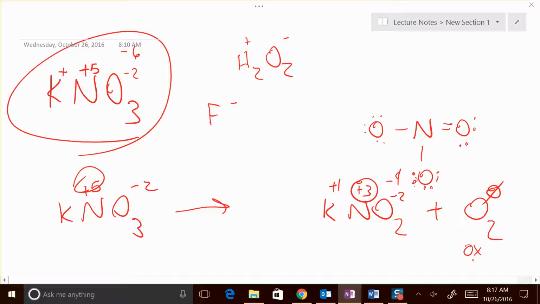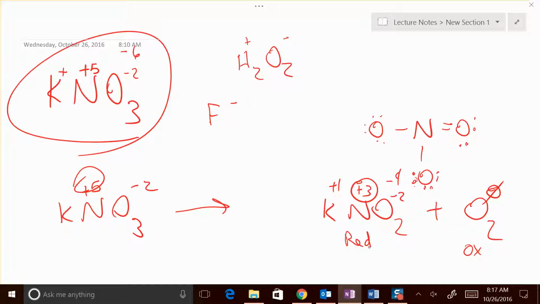Nitrogen was reduced. The potassium, did it change oxidation state? No. Did the oxygen here and here change oxidation state? No. So they stayed the same, so they're not part of this oxidation reduction reaction. This was oxidized, this was reduced.